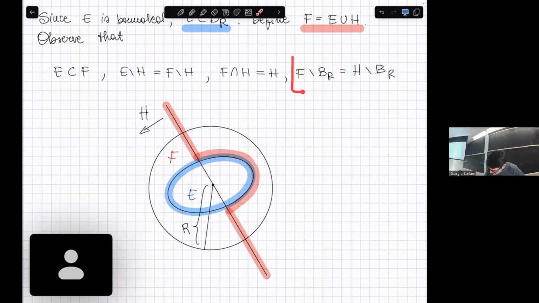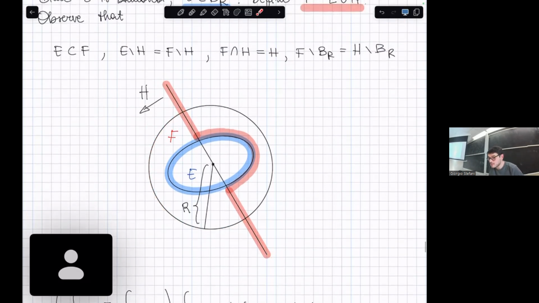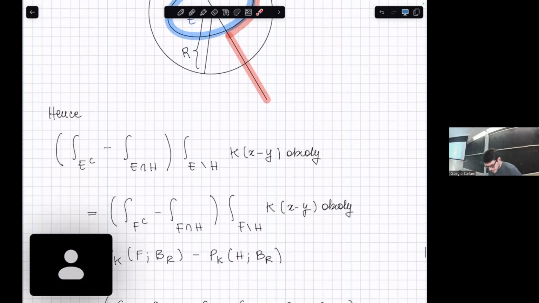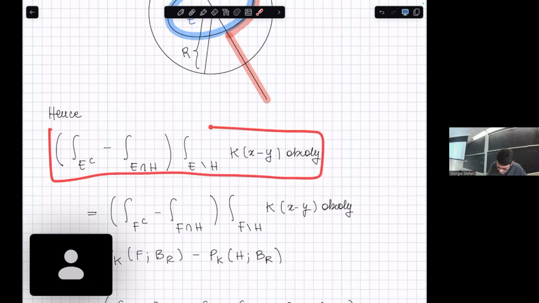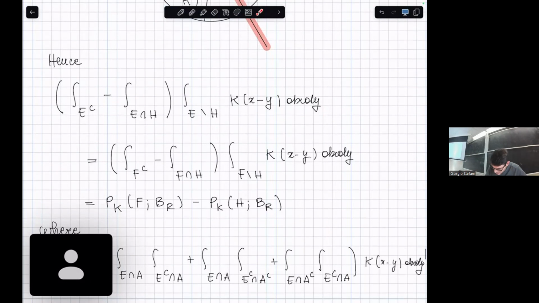And last but not least, and this is important, the part of F which is not in the ball is the same as the part of H which is not in the ball. And this is the story, no? Because if you remove the ball from F, you get this thing here, which is the same as removing the ball from H. So I go back to this mysterious thing, and I plug this information here. Here there is a mistake.